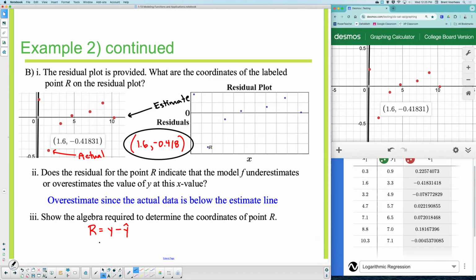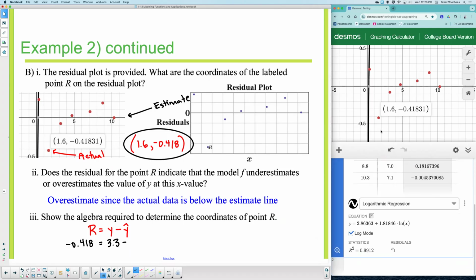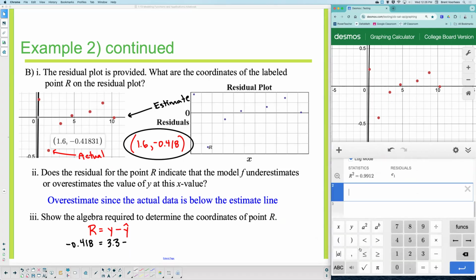So I'm going to say this is equal to, well, we have the residual right here. We're going to have negative 0.418, sorry. The residual of negative 0.418 is equal to 3.3 minus the predicted. And I haven't found the predicted. For the predicted, if x is 1.6, I'm just going to type that in.